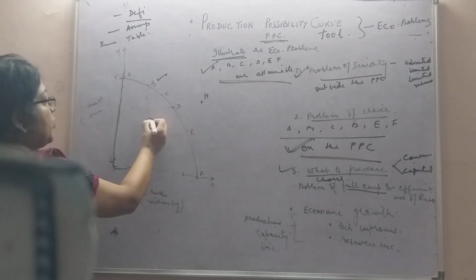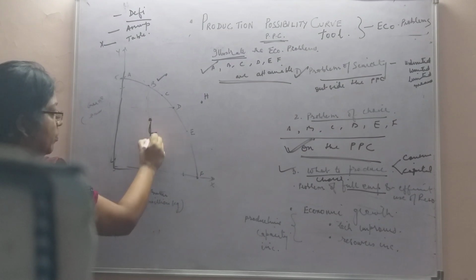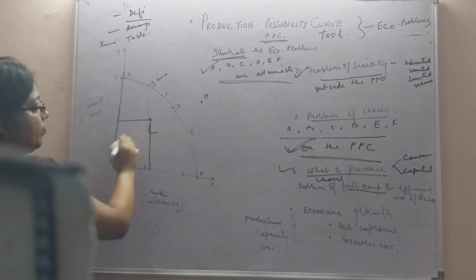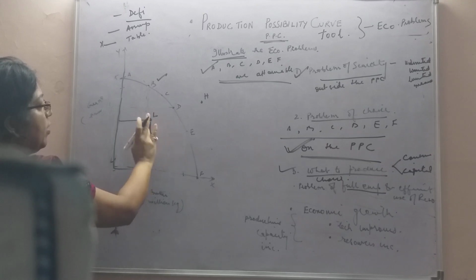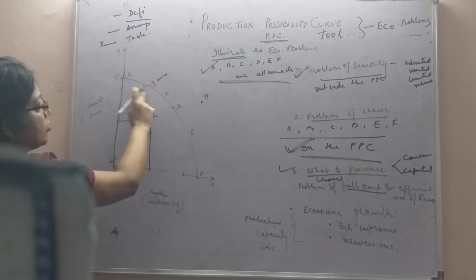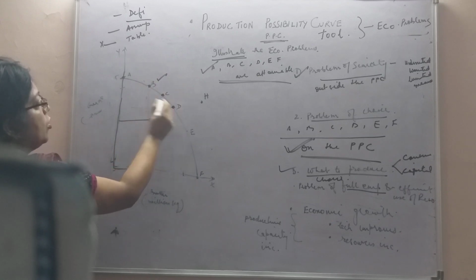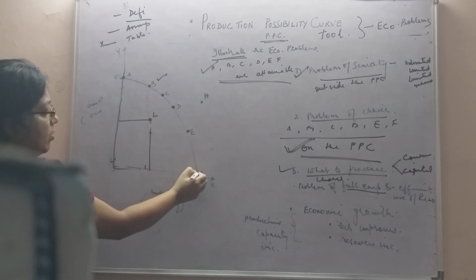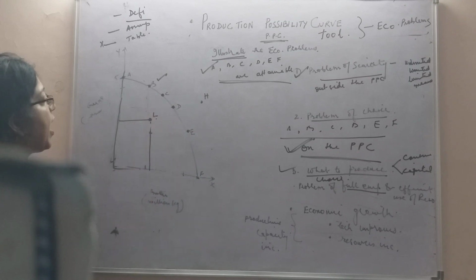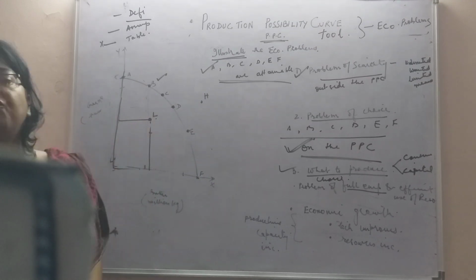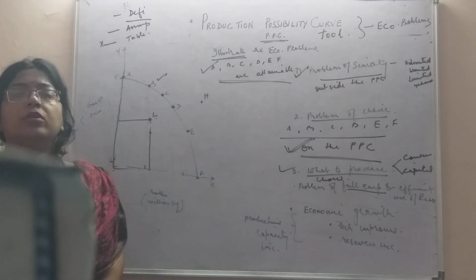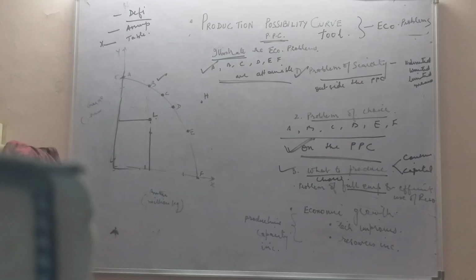If a country produces only the L combination, it is producing this much only. L combination means its resources are idle. It could have produced a higher level, because its resources are these many, but it is producing less. As it happens in developing or underdeveloped countries, their resources are there, but the resources are underutilized.